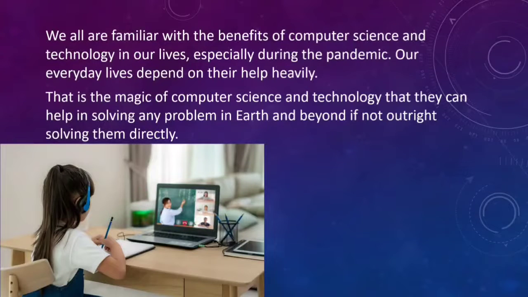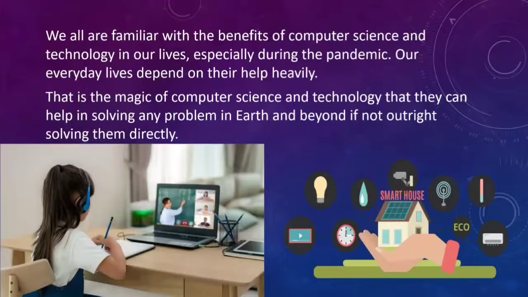Our everyday lives depend on their help heavily. What if I tell you that they can make water pollution control a lot easier and more efficient? That is the magic of computer science and technology, that they can help in solving any problem on Earth and beyond, if not outright solving them directly.